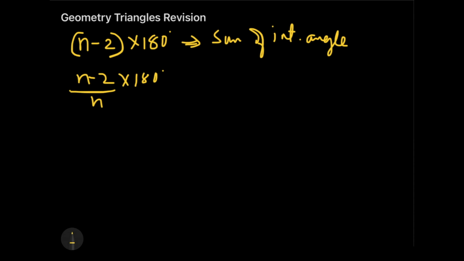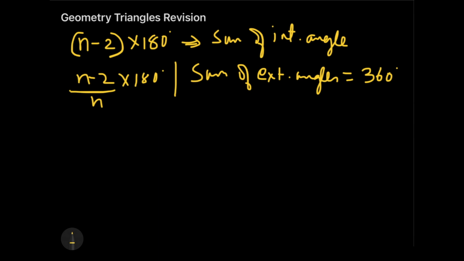But the interesting thing is that the sum of the exterior angles always remains the same. So the sum of exterior angles is constant for all polygons, and that is equal to 360 degrees. Correct? So if they ask you the value of one exterior angle, then for any polygon we divide it by the number of sides and get the value of one exterior angle.